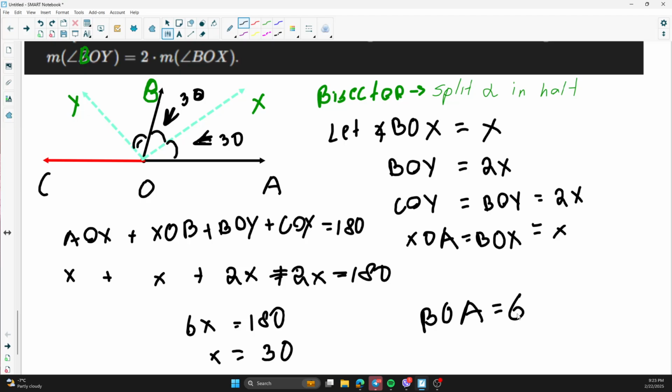Out of 180, that leaves 120 for the rest. So BOC is 120.